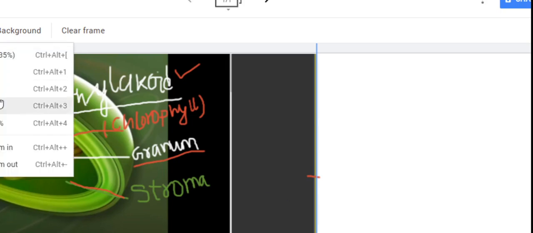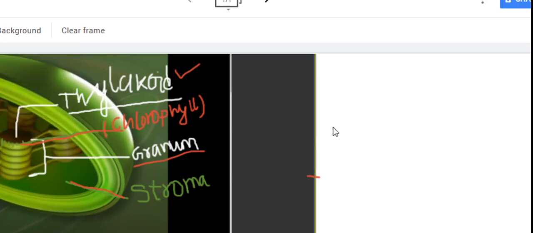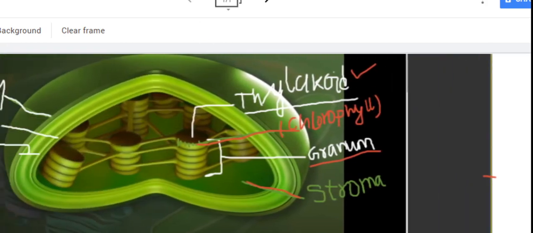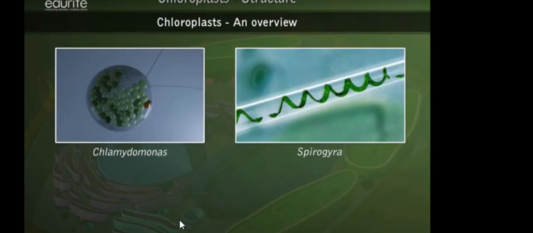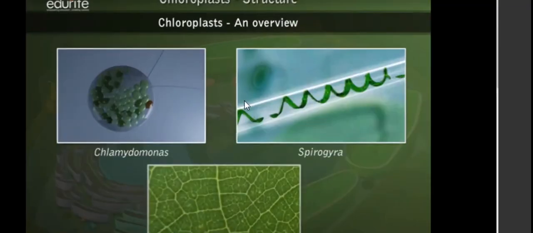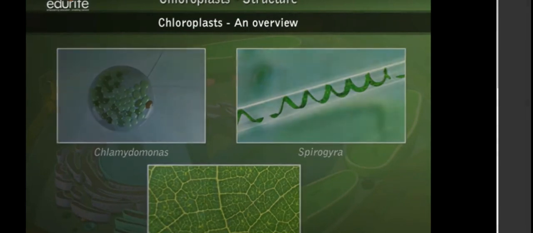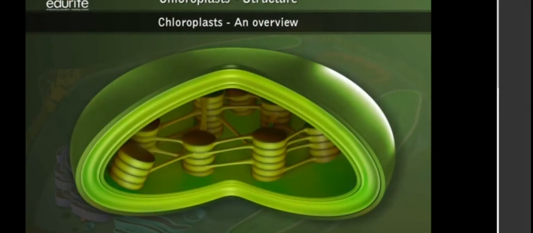Look here. Now you can see such types of organisms. They can also contain chloroplast, like Chlamydomonas and Spirogyra, and in some higher green plants, the chloroplast is present, which generally provides the green color to the plant.